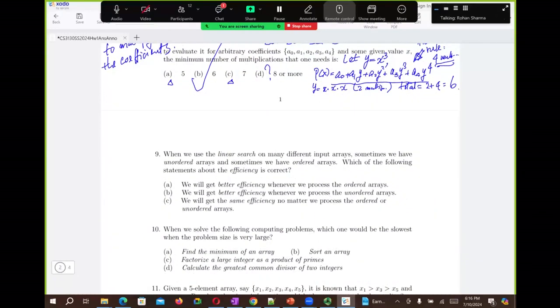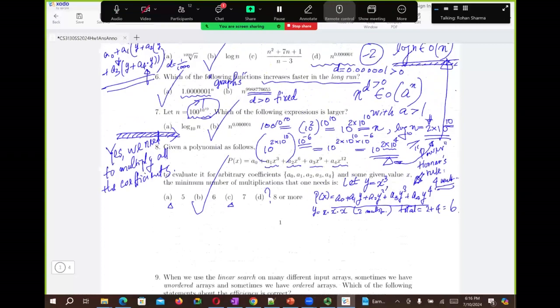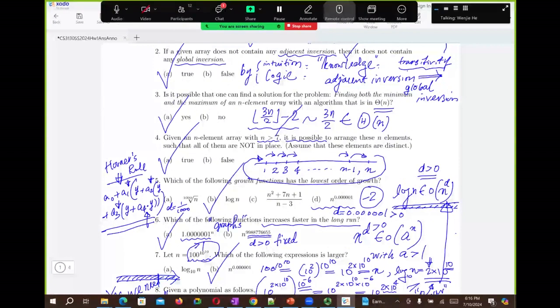Number 9. Okay, question? If we are multiplying the coefficient by y, we're going to have 4 more multiplications. Can you explain a little more? So when we multiply a1 with y and a2 with y... Oh, all right. A1 with the whole parenthesis, not just the y. There is a big parenthesis after A1.